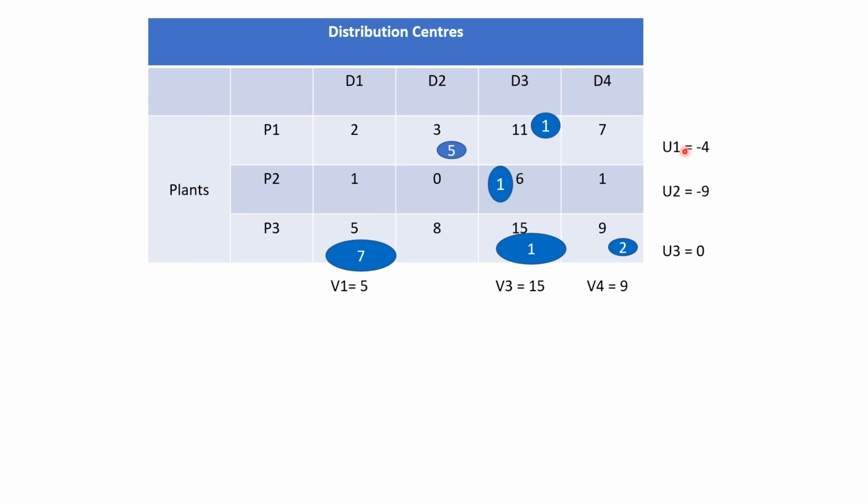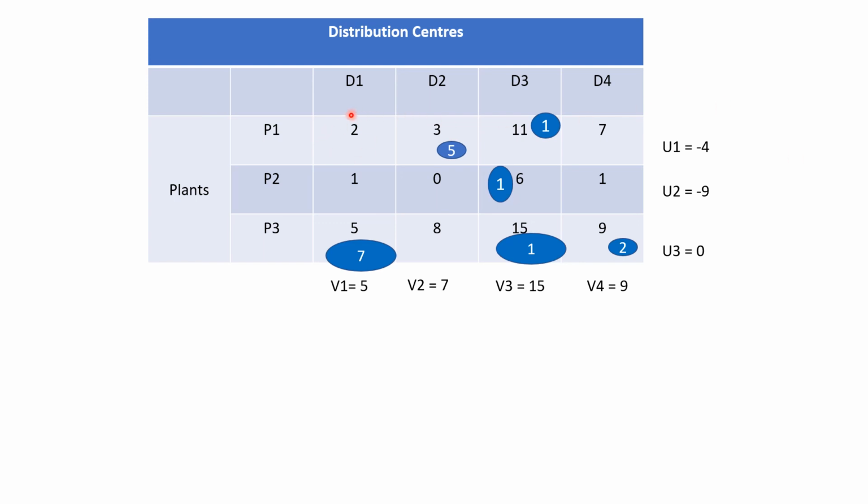So once you get the value for u1, what will be the value for v2? It will be minus 4 plus something equals 3. So minus 4 plus what will give you 3? It will be v2 equals 7. Right? So once you get all the values for u's and the v_j's, we will find out the cell evaluations for the unallocated cells.